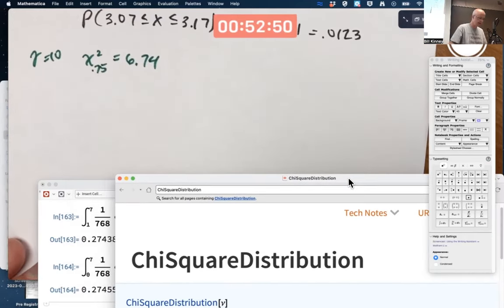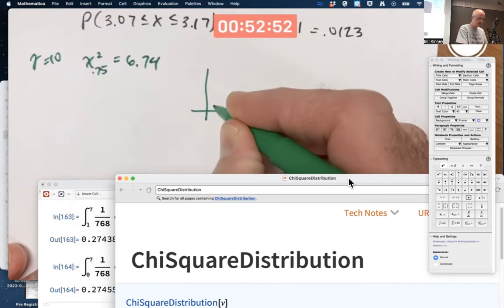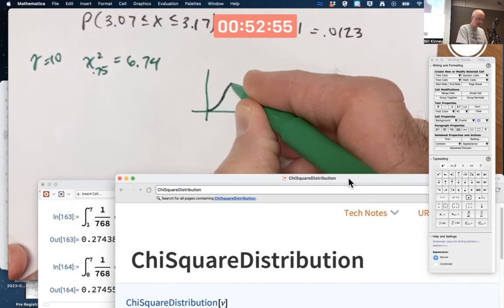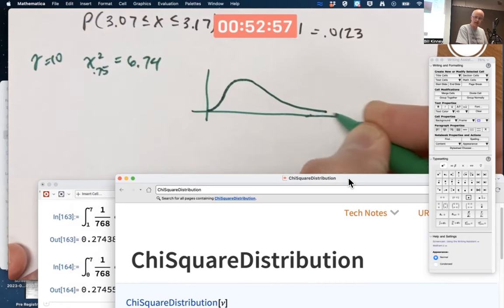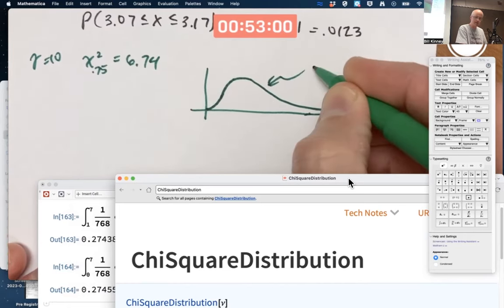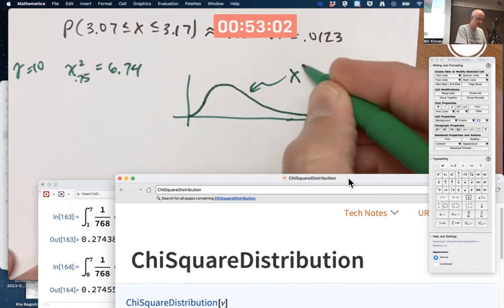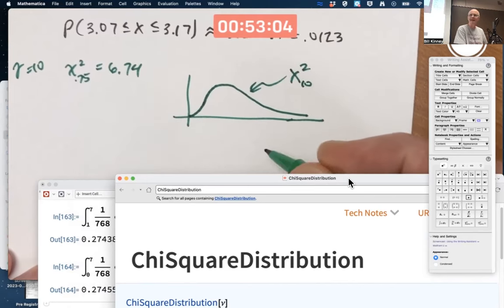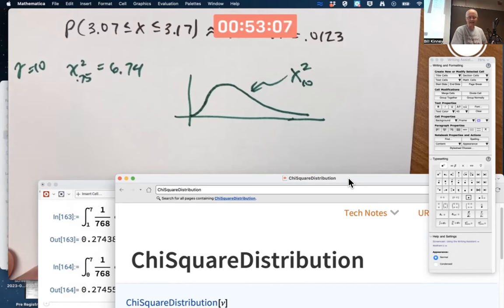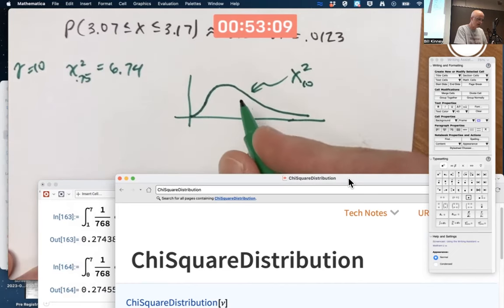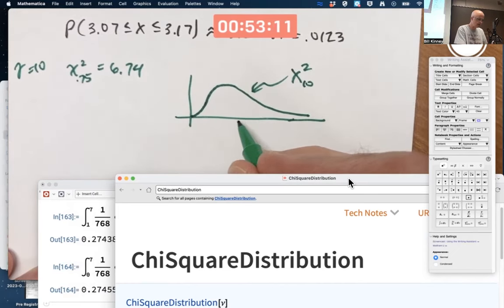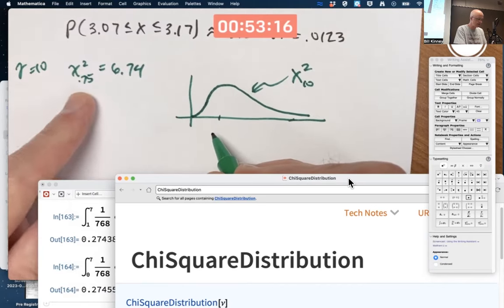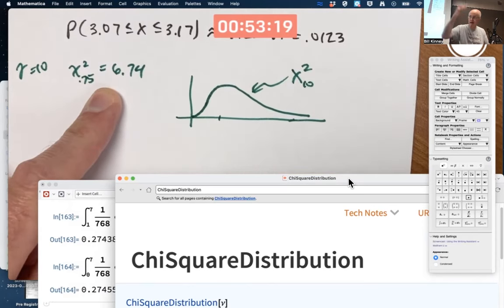Visually, if you draw the graph of a chi-square distribution with 10 degrees of freedom, it's probably going to look about like that. You could label this chi-squared sub 10. It's not literally the random variable, it's its PDF. We've just found that the area to the left of 6.74 was the 0.25 at the top of the table, because those numbers at the top are CDF values, areas to the left.